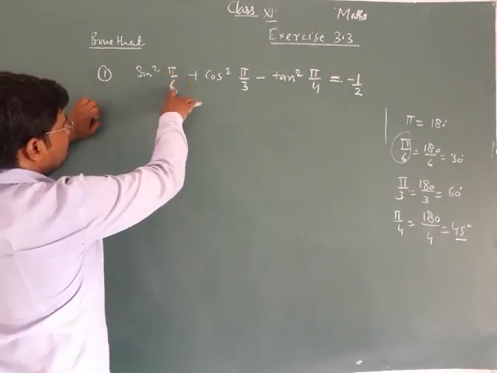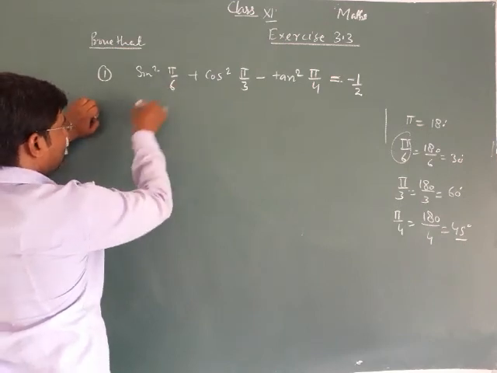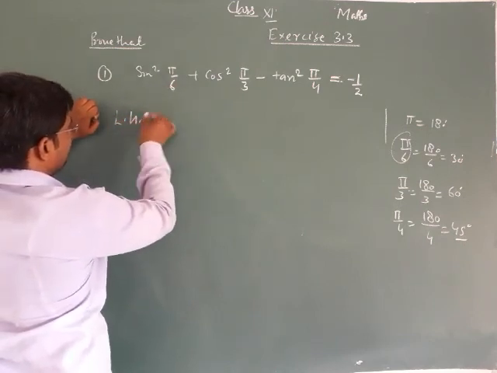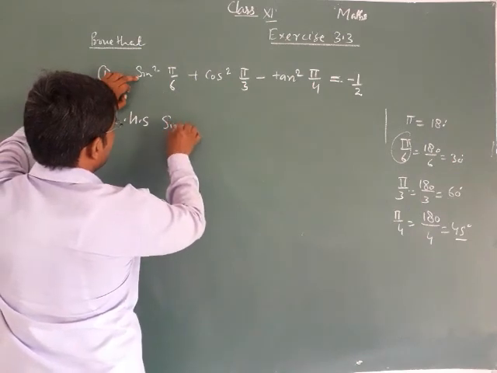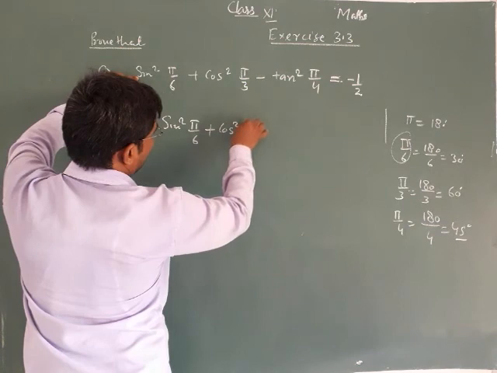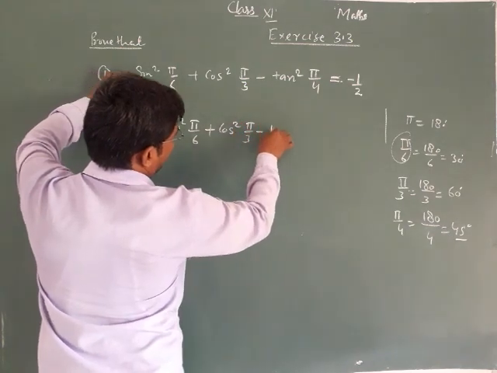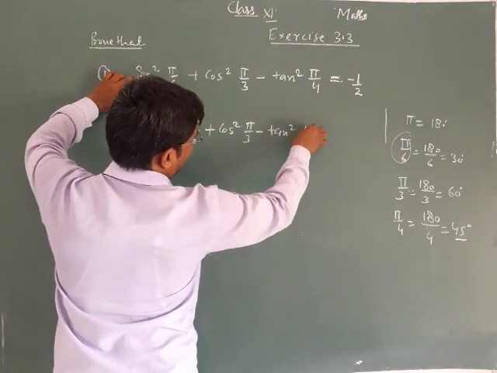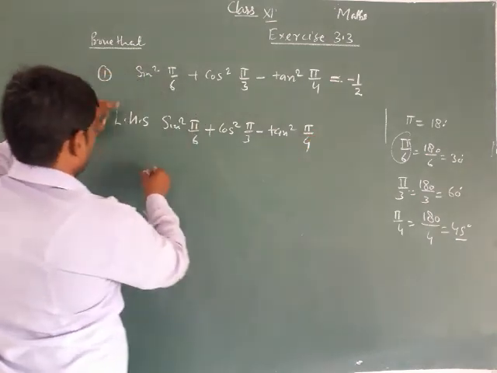taking the LHS, we have sine square pi by 6 plus cos square pi by 3 minus tan square pi by 4.